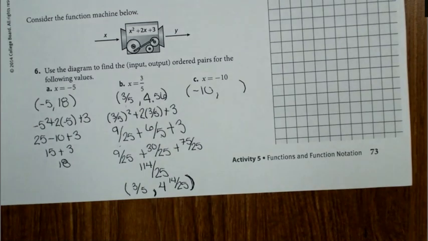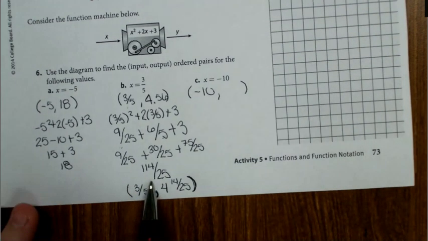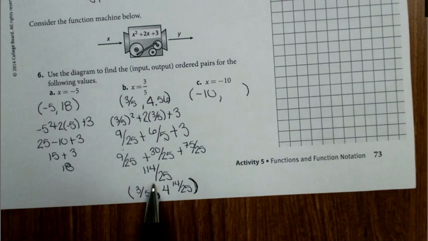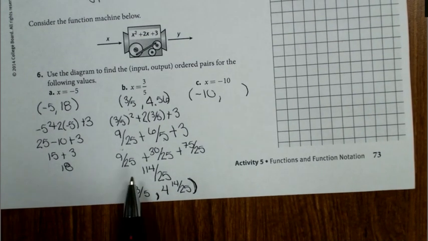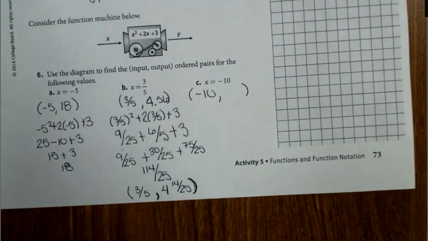I don't like to mix those. So I would have either wanted them both as decimals or both as fractions. The reason I didn't use the 114 over 25, because if I actually try to go to plot that, 114 over 25 is not going to be anywhere like I can estimate to. So that's the reason why I put it as a mixed number with the 4 and 14 over 25.